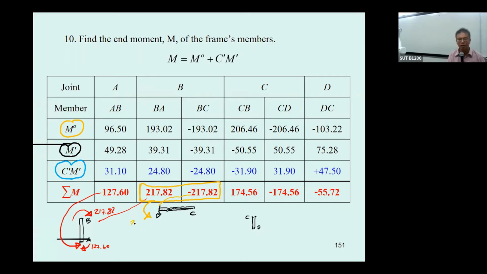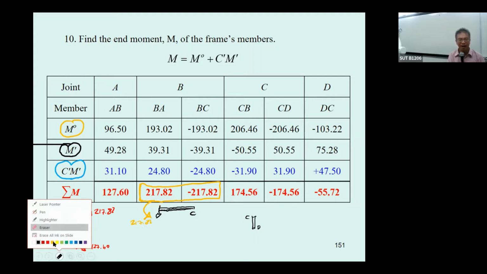Okay, that is going to be 217.82, and then you may elapse some object to make it a little bit clearer. And what we have, the moment here is positive clockwise 174.56.